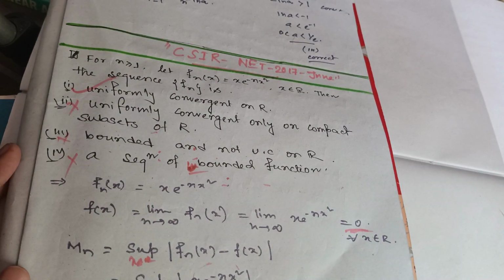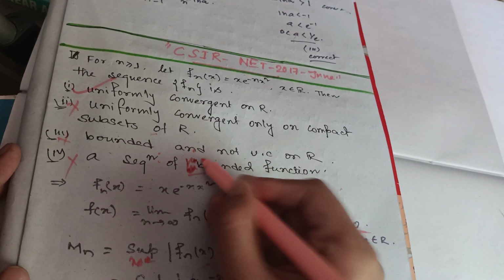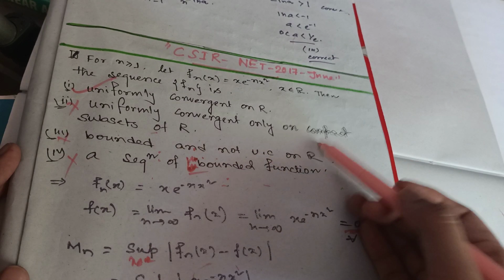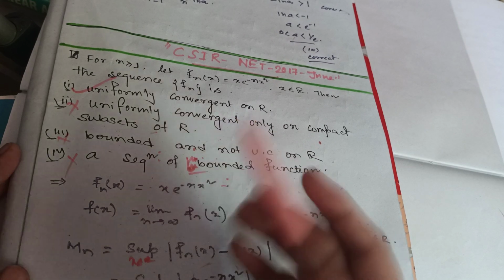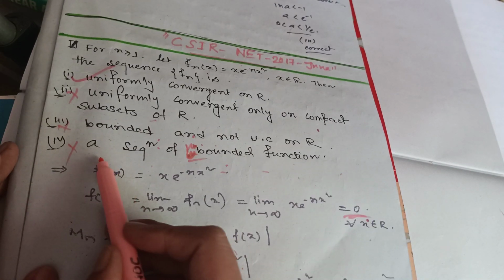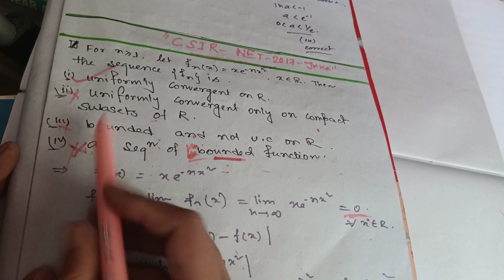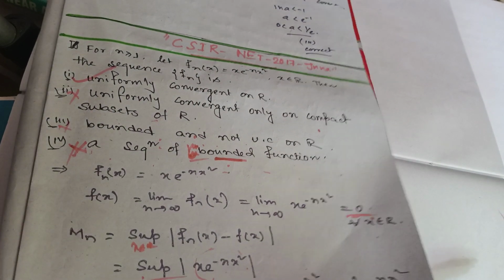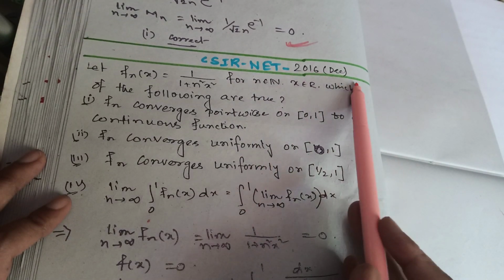A bounded function e to the power minus n square is bounded, so option four saying a sequence of unbounded functions is incorrect, since the sequence is uniformly convergent and the limit function is 0, which is bounded. So here the first option is correct. This question is based on CSIR NET 2016 December.